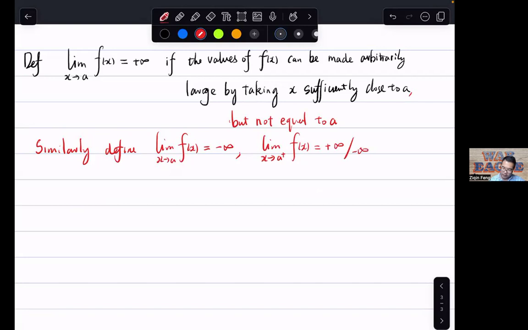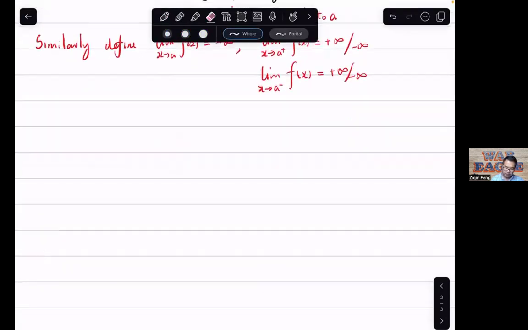Or the last group as x goes to a on the left side, f of x is positive infinity or negative infinity, right? So that's two definitions combining the left or right limit. By the right hand limit or left hand limit with positive or negative infinity, you get a bunch of new definitions, right? Let's see a quick example here. Let's see a very quick example.